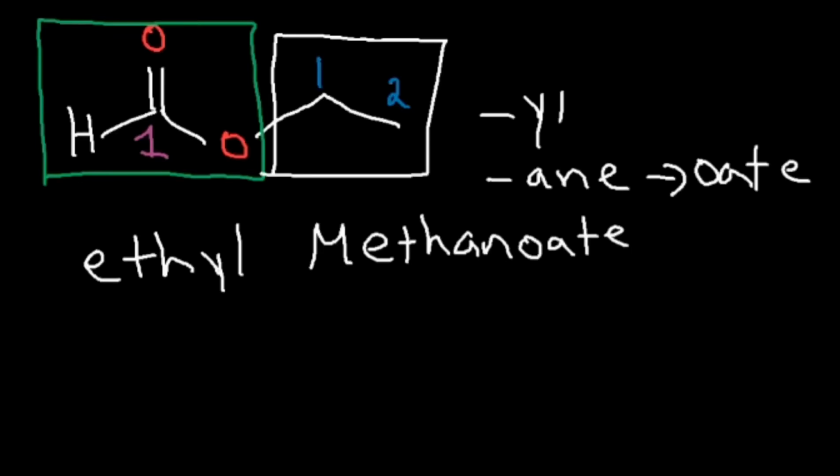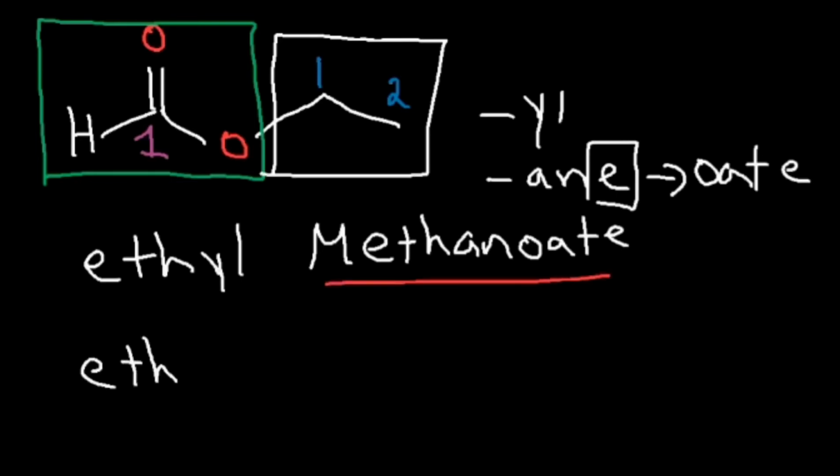I guess we're really replacing just the E portion of the ANE part, to be more accurate. Now, that's the IUPAC name, ethyl methanoate. What is the common name? Remember, we can replace methanoate with formate, so we can also call this ethyl formate.